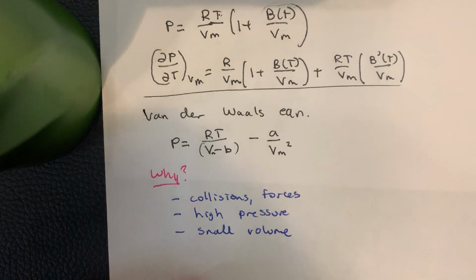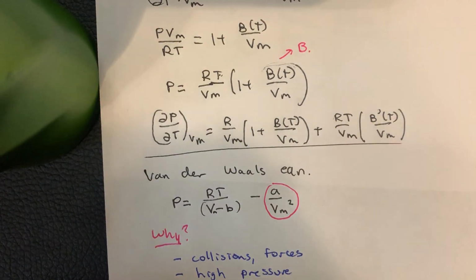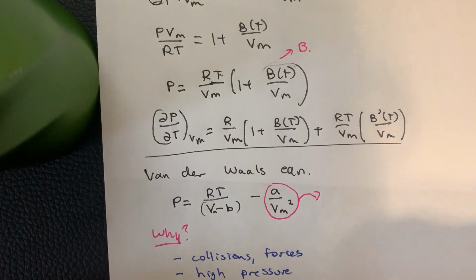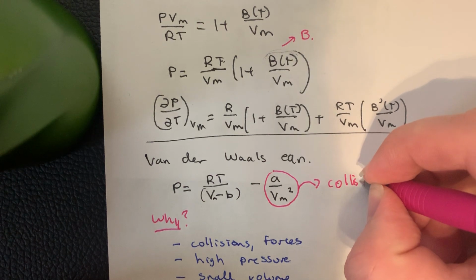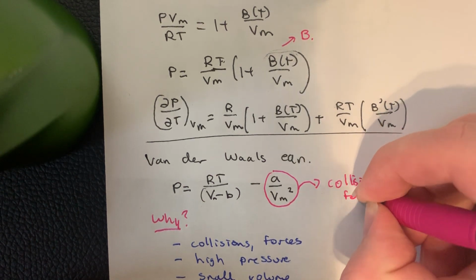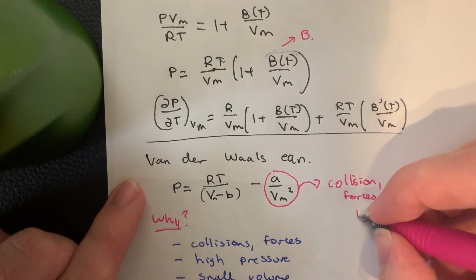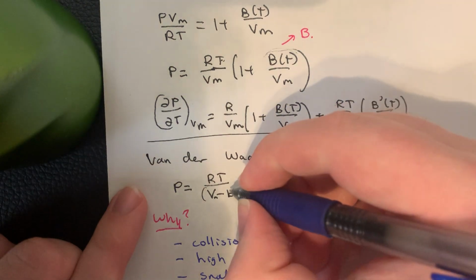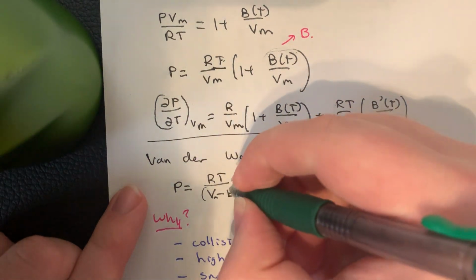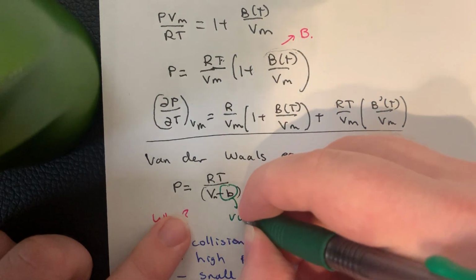So this term accounts for the collisions, forces and the pressure. Whereas, I'm going to use a different color, this term accounts for the volume.